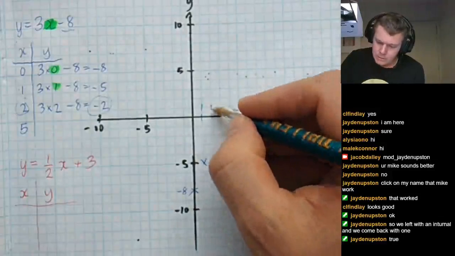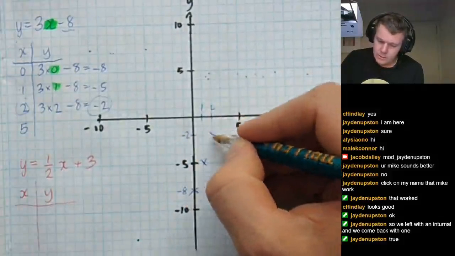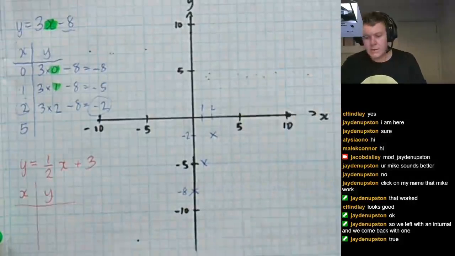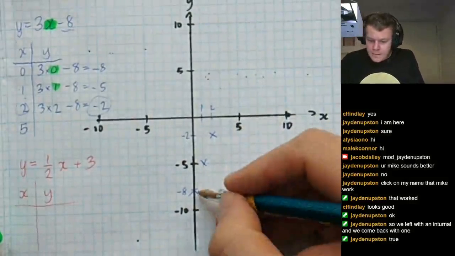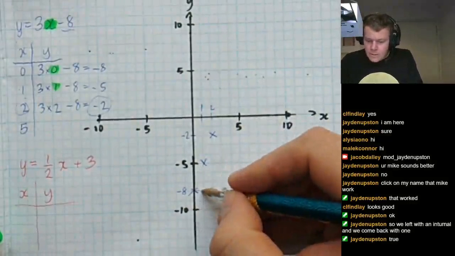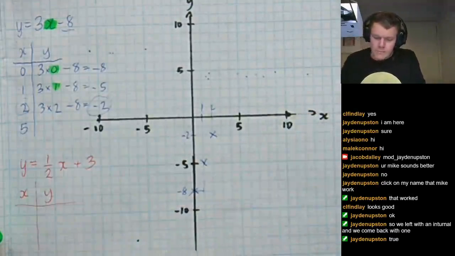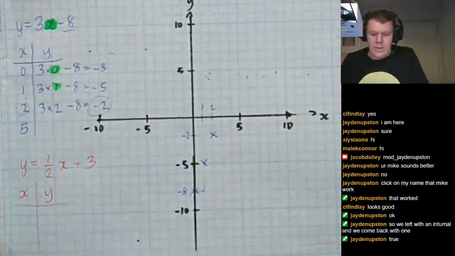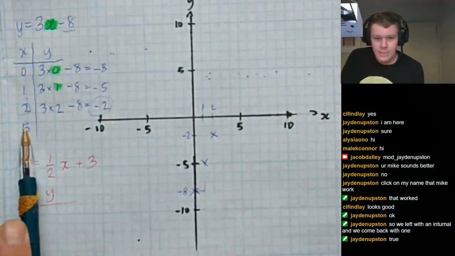You can already see that all these points are lining up along the same path, and they seem to be going over 1, up 3. So they're running 1, rising 3, which reflects our gradient of 3.